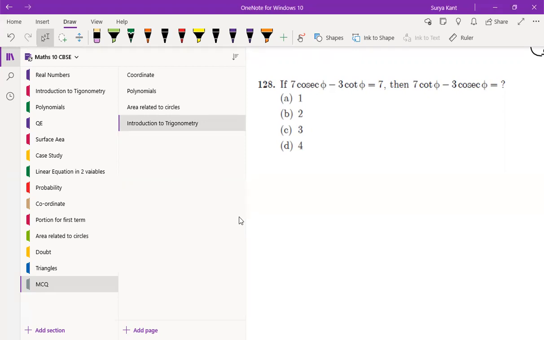Linear equations in two variables is also done. Polynomials is also done. Is the triangles part done?